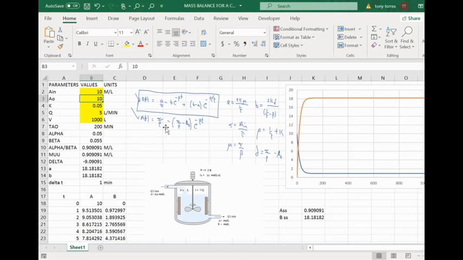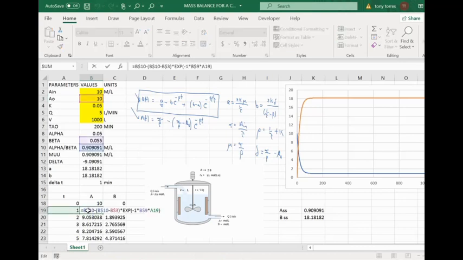How to get these two equations. I can double click there so you see what is happening. That's A. That's basically alpha over beta, but that's B10. That's this one, minus parenthesis B10 minus B$3. B$3 is A0.